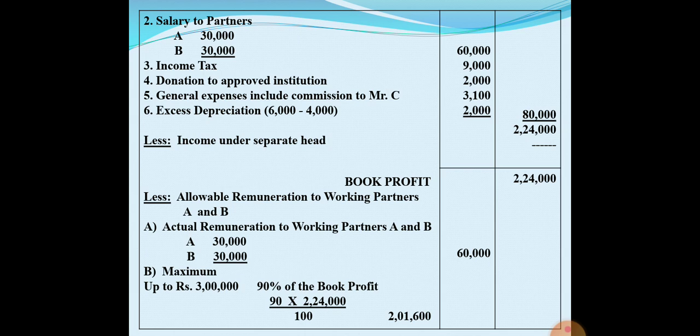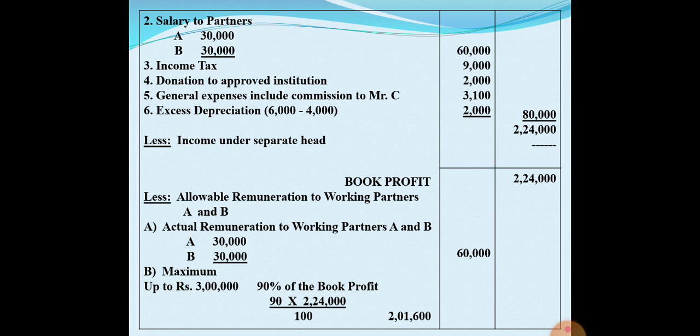From this amount we have to deduct income under separate heads, that is profit and loss account credit side items. In this problem, there are no items except the gross profit. That balance is the book profit, that is 2,24,000, less allowable remuneration to working partners A and B. Then item A, actual remuneration to working partners A and B, A 30,000, B 30,000, that is total 60,000.